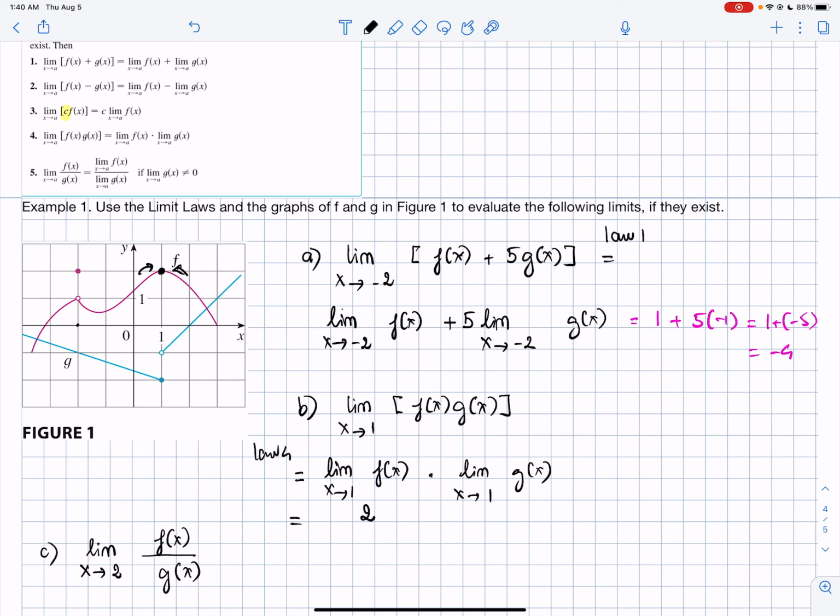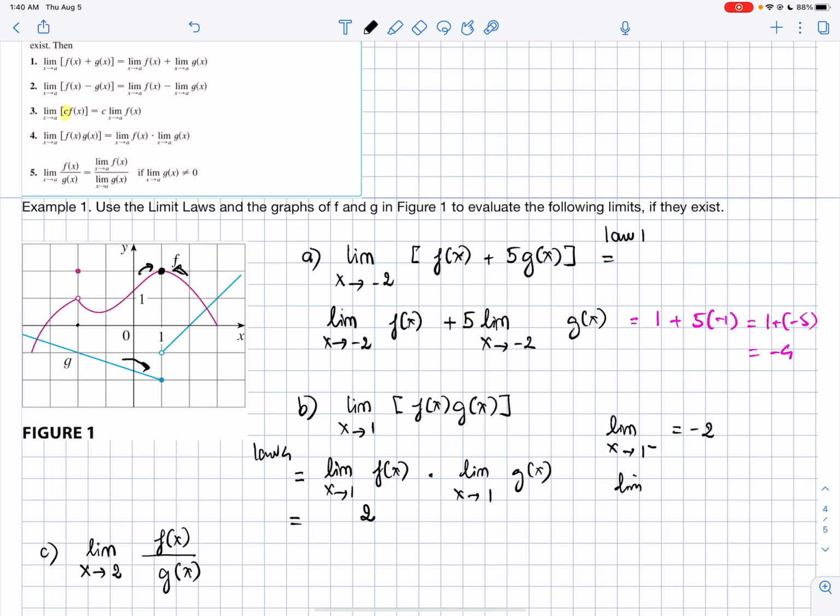But for the g, when we approach g of x from the left-hand side, the limit of x approaching 1 from the left, we got the answer is negative 2.